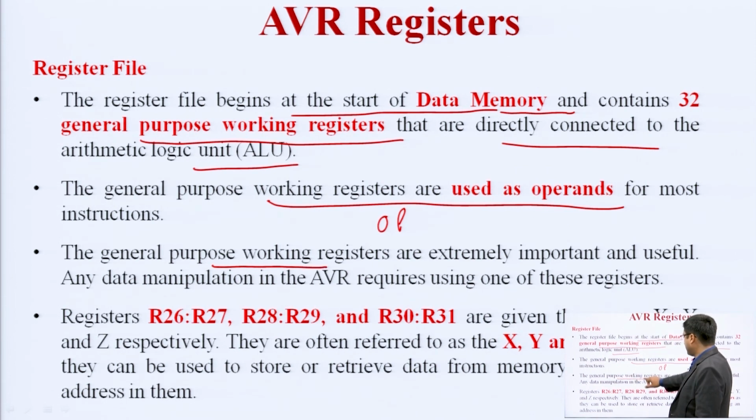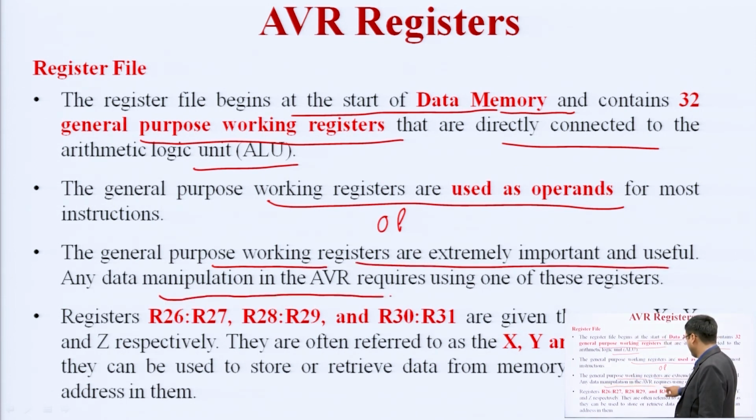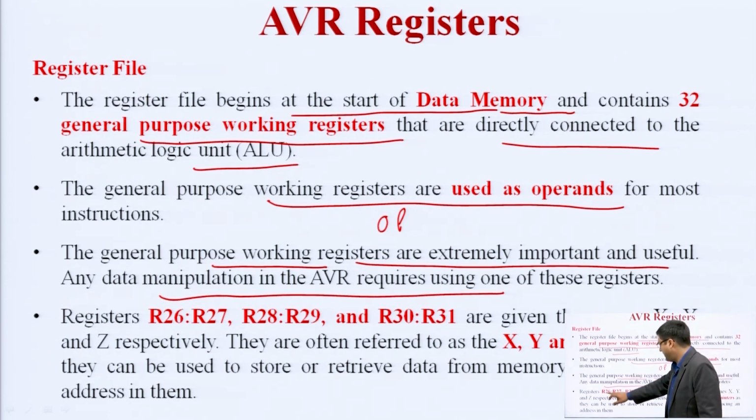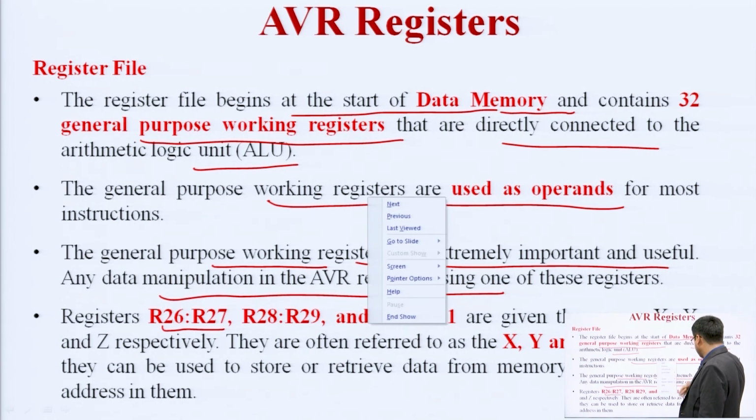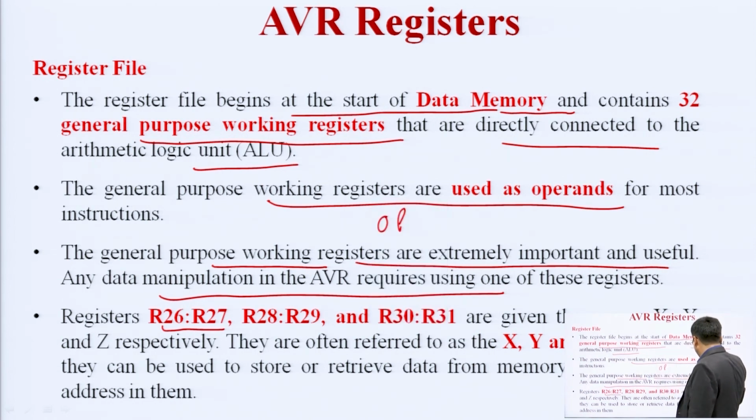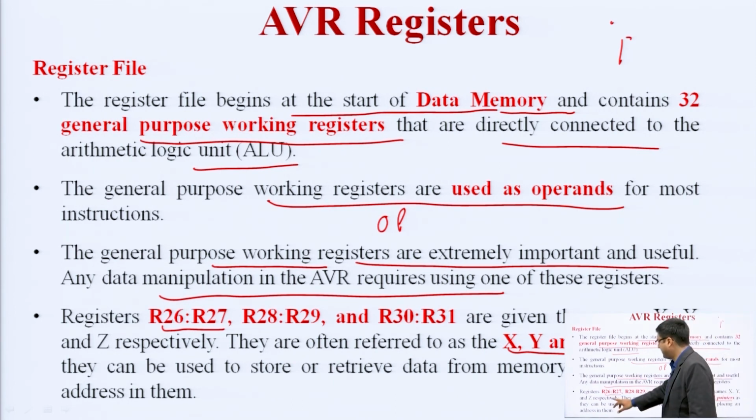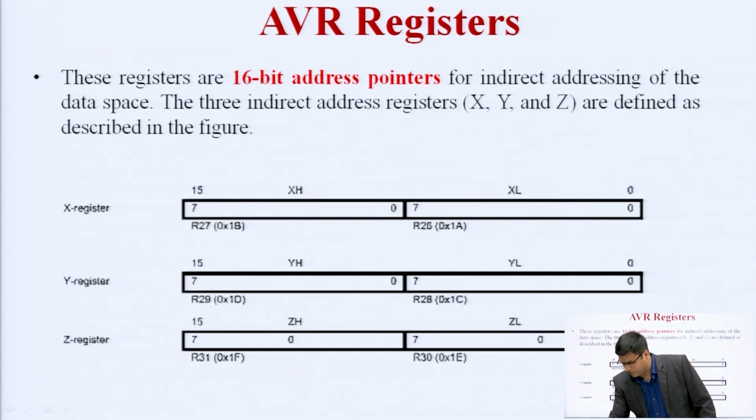So the general purpose working registers are extremely important and useful for any type of data manipulation in AVR. After that, R26 to R31 have different functions. They work as pointers. Pointer means an index to a memory location, which is pointed out by the X, Y, Z registers. So this is the register file.